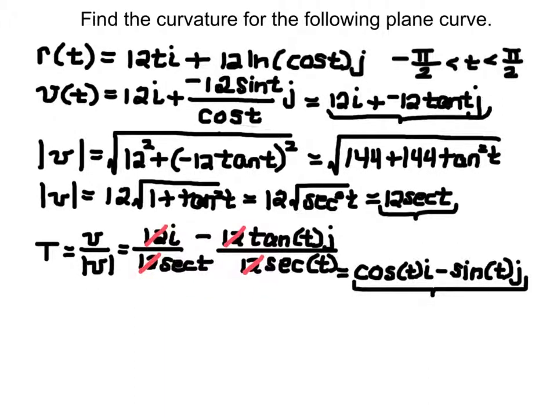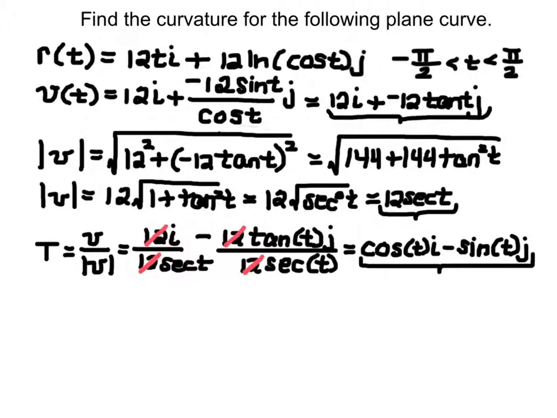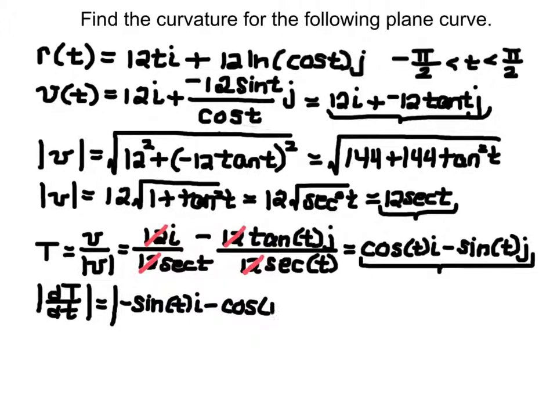What we want to do now is find the magnitude of the derivative of the unit tangent vector with respect to time. That's going to be the magnitude of the derivative of the cosine, which is negative sine, so negative sine of t in the i direction, minus the derivative of the sine, which is the cosine of t in the j direction.